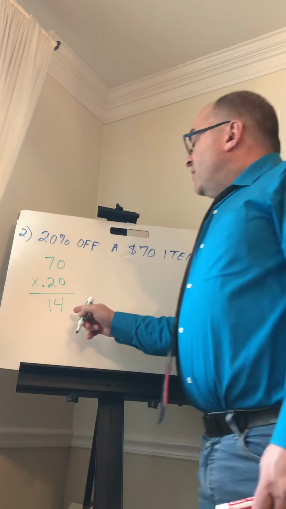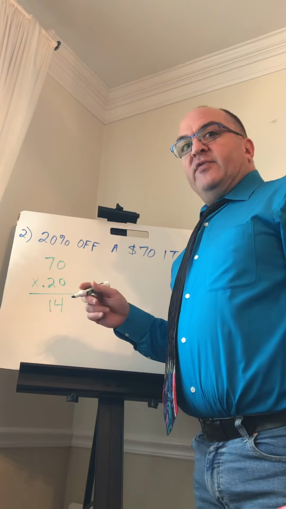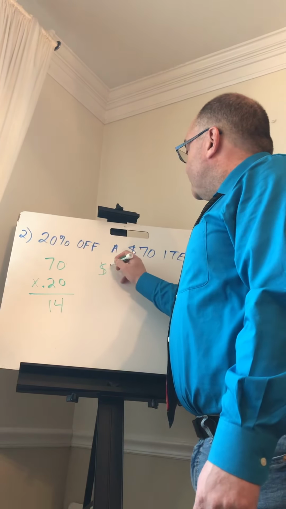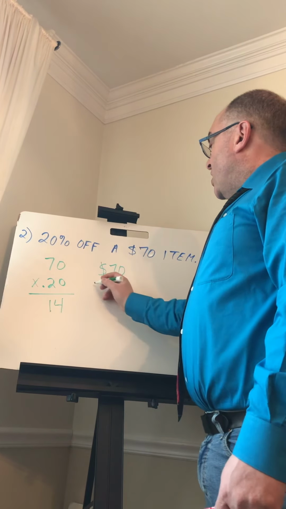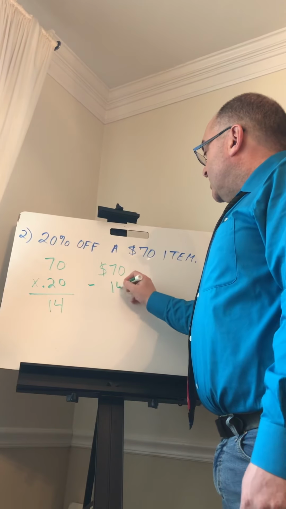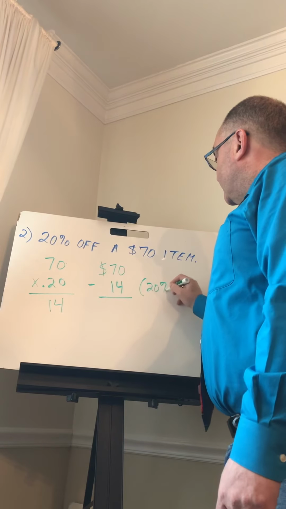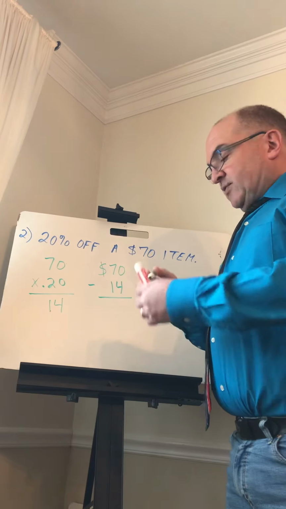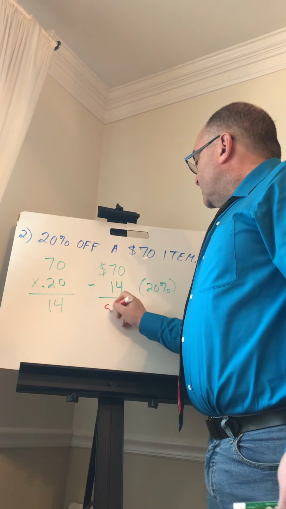So 14 is 20% of the $70, meaning you have a $70 item, and you're going to take off 20%, which is the $14. So 70 minus 14 is going to give you 56.